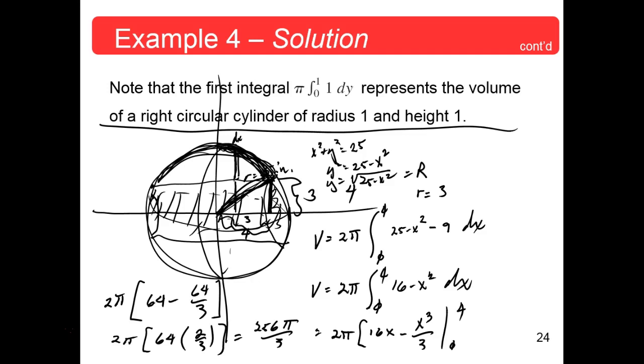Homework exercises here will be either 5 or 7. They're both at Calc Chat. 5's at Calc View. Do either 9 or 11. They're both at Calc Chat. 9's at Calc View. Either 13 or 15, they're both at Calc Chat. 13's at Calc View. Either 17 or 19, they're both at Calc Chat. 17's at Calc View. Either 21 or 23, they're both at Calc Chat. 23's at Calc View.